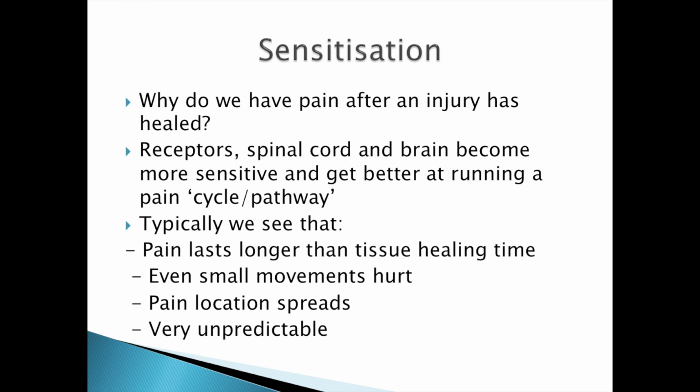But the best way we can really describe it, similar to the pathway analogy, is if you imagine a motorway at 9 o'clock in the evening when it's really quiet, you might have 3 or 4 cars going down there every minute. And that's a normal painful pathway, information flowing to and from with no real traffic.